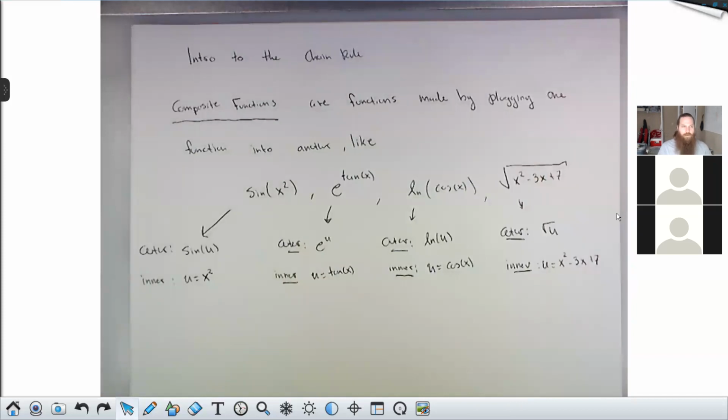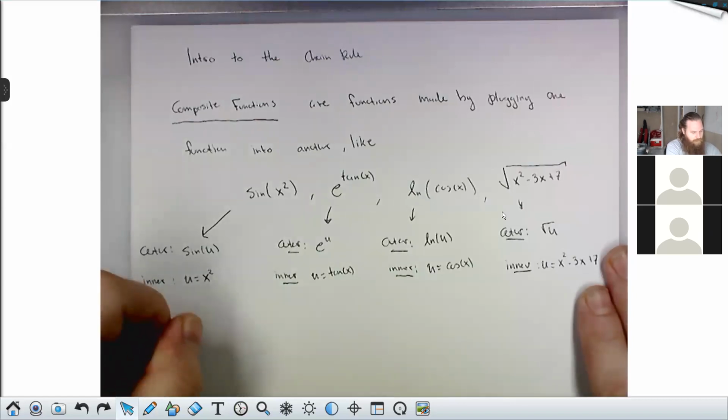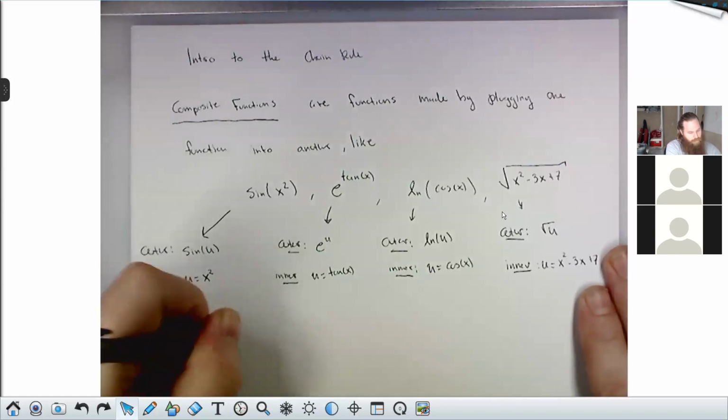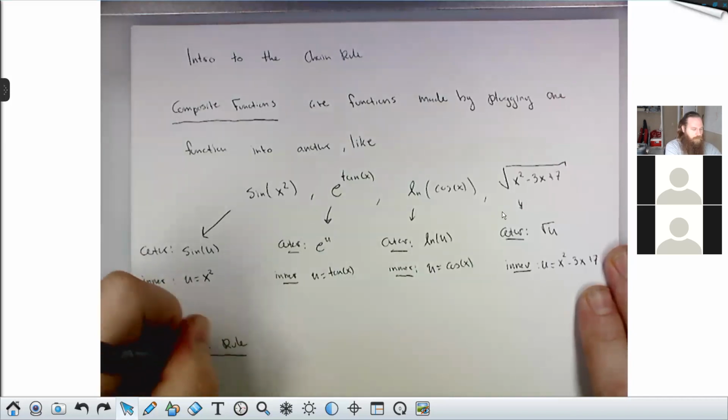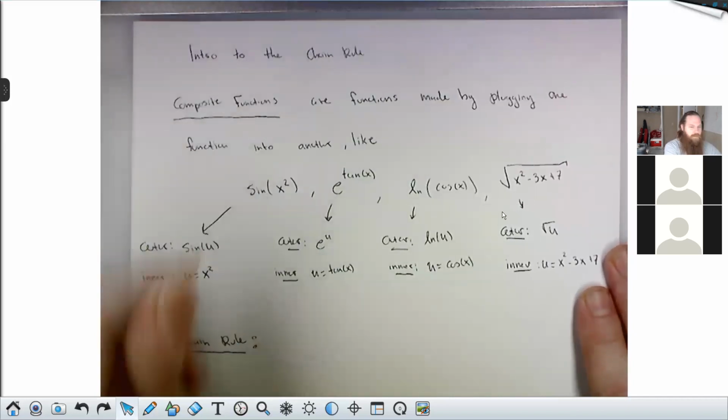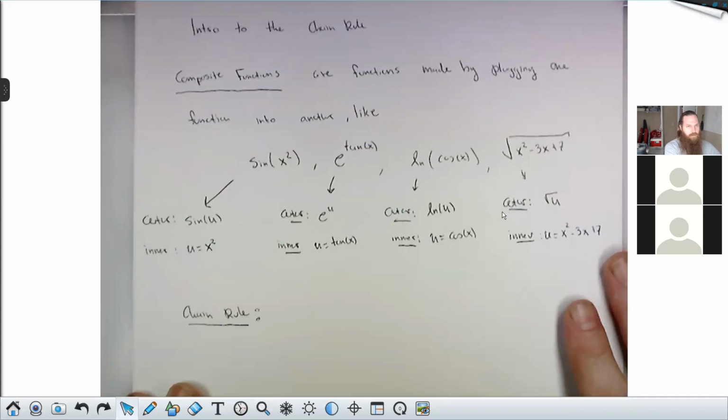Being able to recognize a function as a composite is important. Just being able to decompose composite functions as inners and outers. The way the chain rule works, it's very nicely written in Leibniz notation.